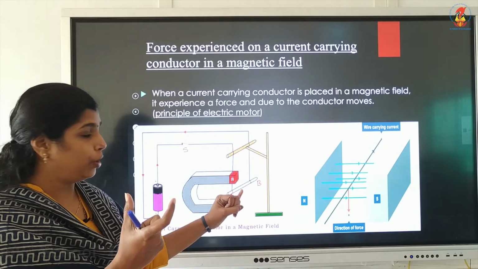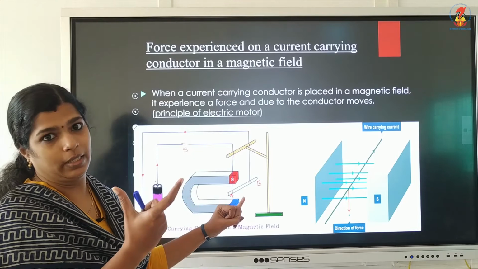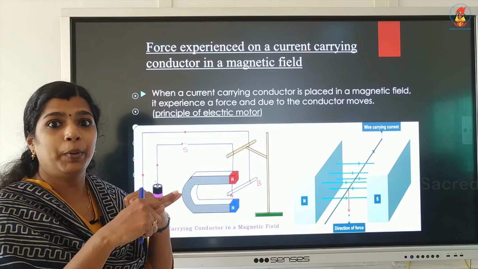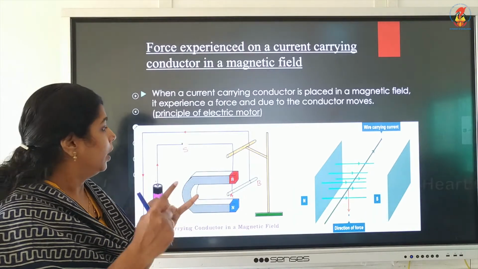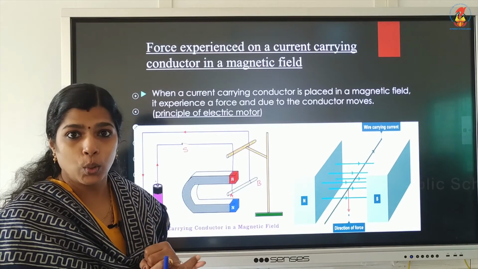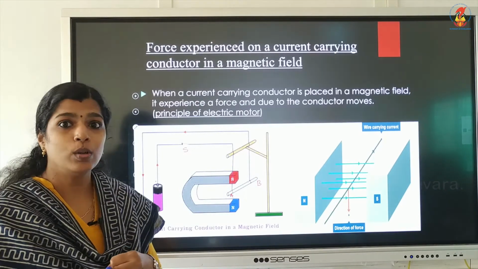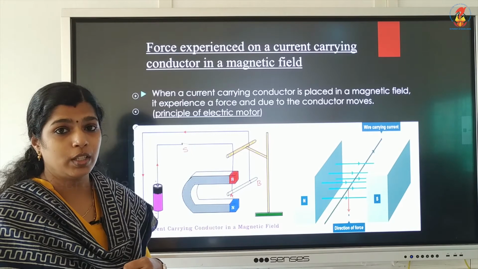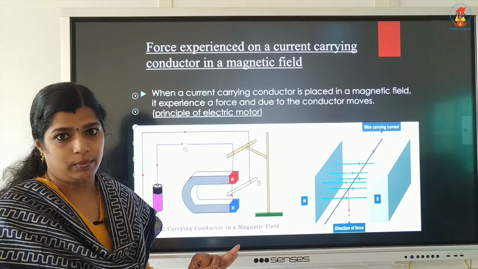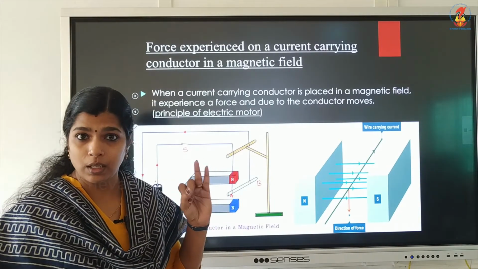That conductor will produce a magnetic field in the form of concentric circles when current passes through it. The second magnetic field is produced by the horseshoe magnet. So, that is a permanent one. The horseshoe magnet will produce a permanent magnetic field.